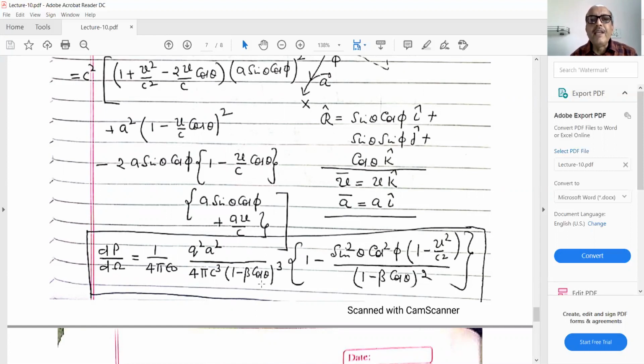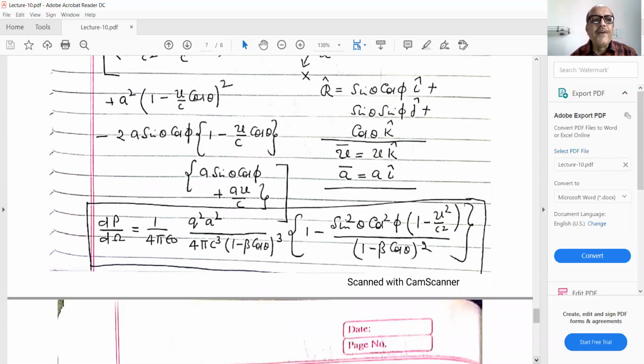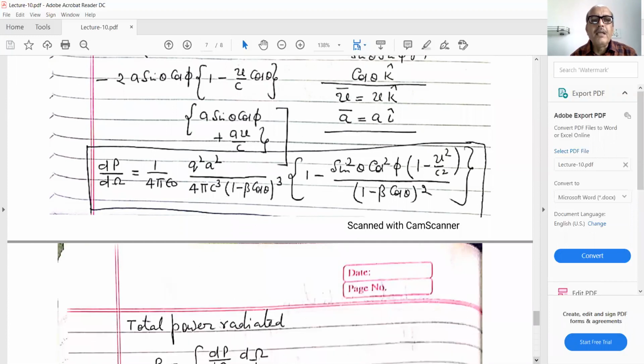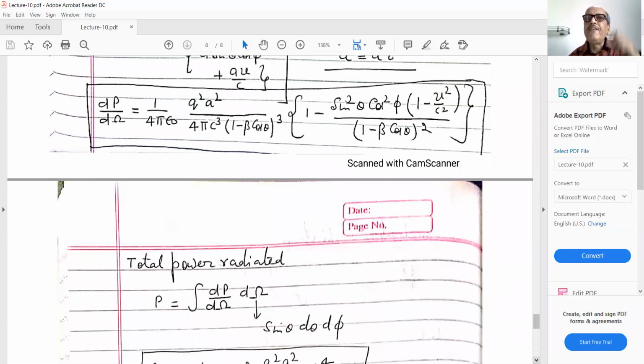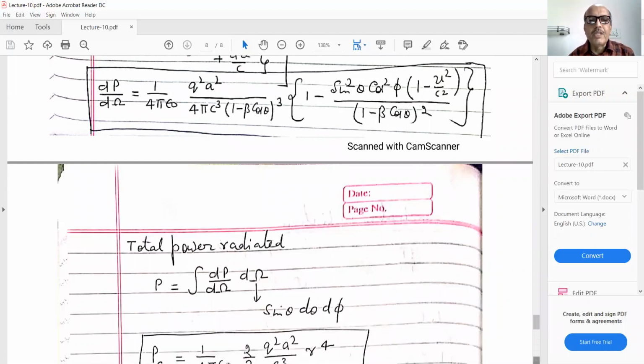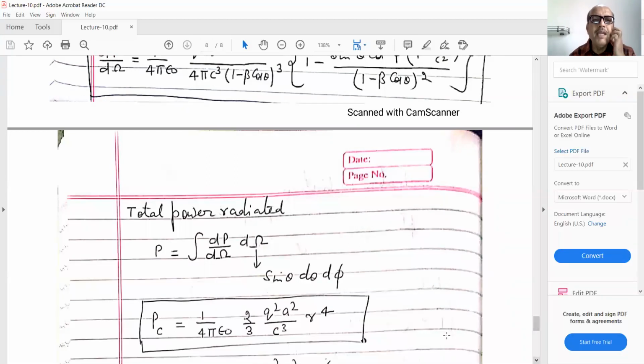Remember, in the case of linear acceleration, we got a term (1 − β cos θ) to the power of 5 because we have one term less than the terms here. So this is the value of dP/dσ. If we want to find the total power radiated, life is not simpler here because we have theta and phi both. So we have to multiply it by dσ, which is r² sin θ dθ dφ.